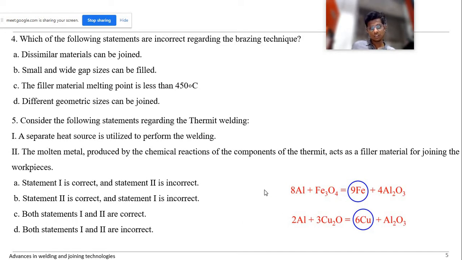Once it starts, the chemical reaction proceeds and welding will happen. So only at the initial stage it's required, but during welding it's not required. So that's why B is the appropriate one.